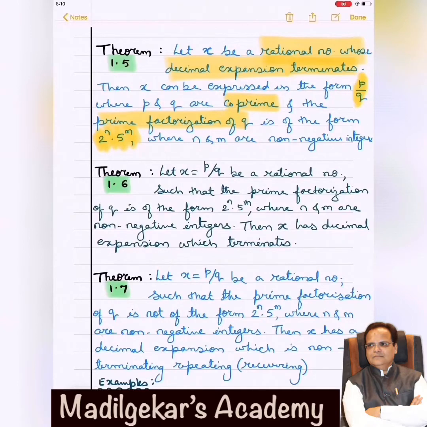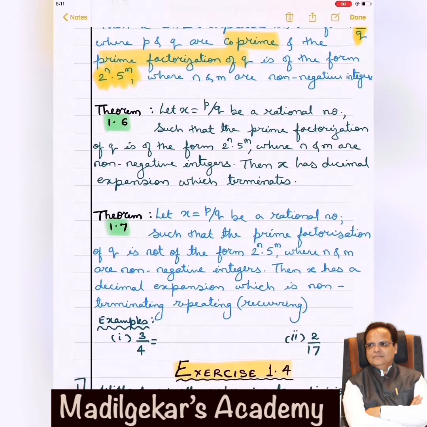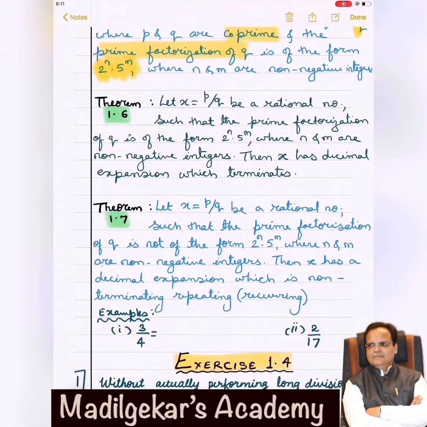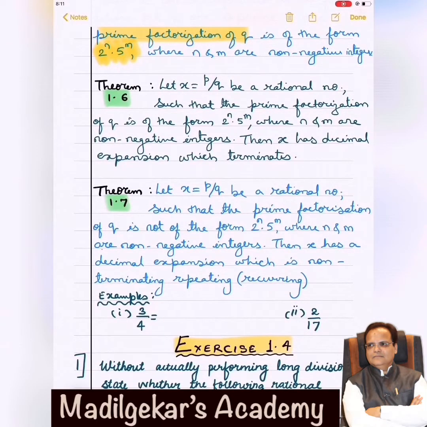So if the given rational number has a terminating decimal expansion, then the denominator can be expressed in the form of 2 raised to n into 5 raised to m. Theorem 1.6 is the converse of theorem 1.5. Here, the given rational number x equals p by q. In this, the denominator is expressed in the form of 2 raised to n into 5 raised to m.